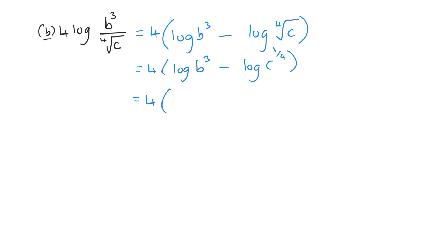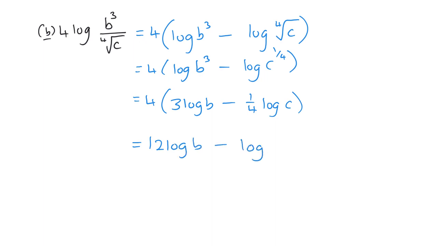Bring down our powers then, so we'll get 3 log B minus a half log C. And now just multiply in by 4, so we get 12 log B. 4 times a quarter obviously gives us 1, so it's just minus log C.